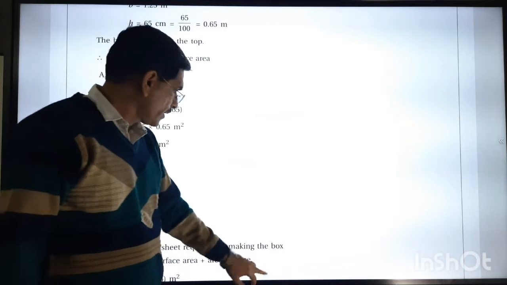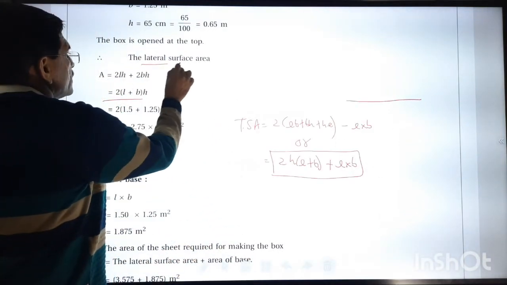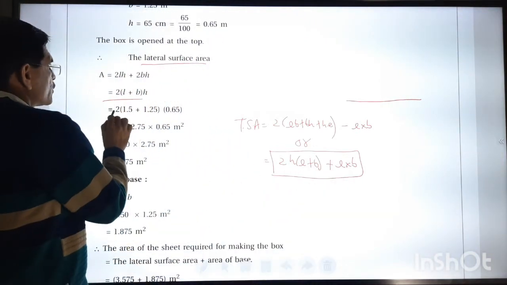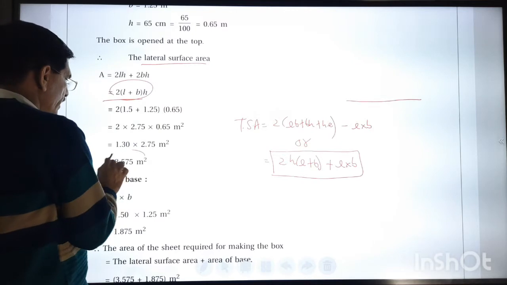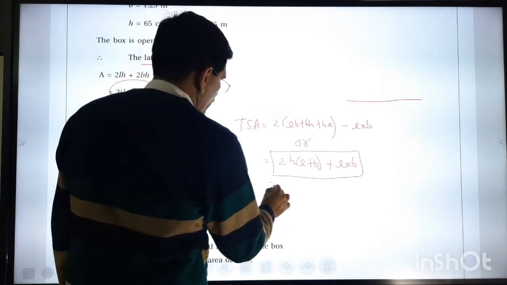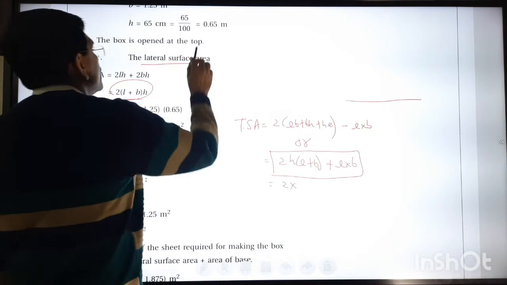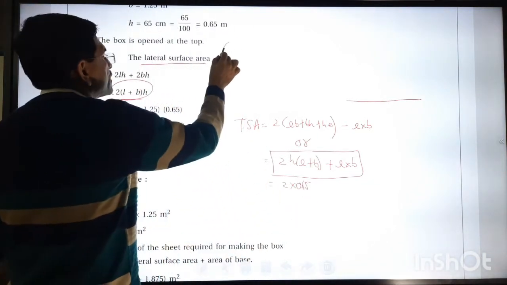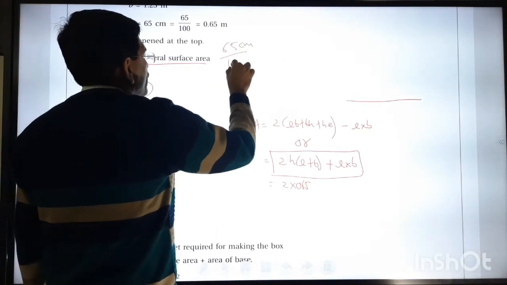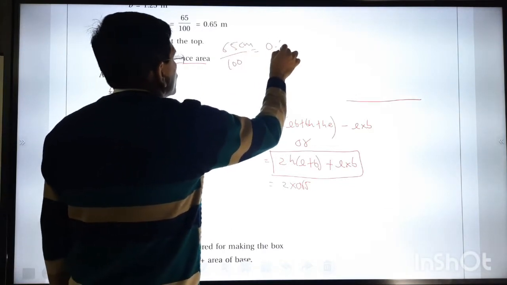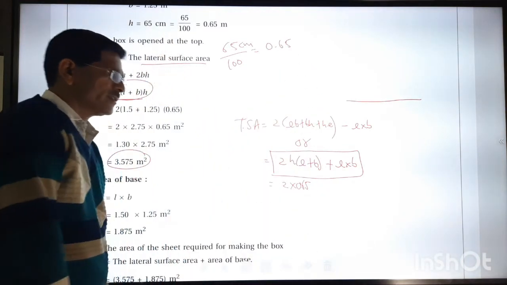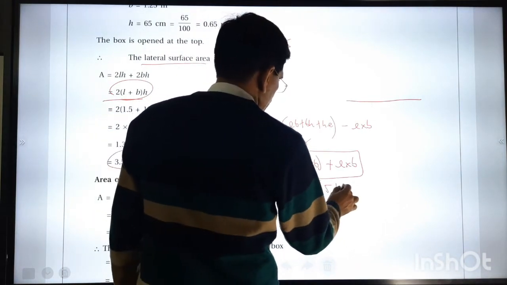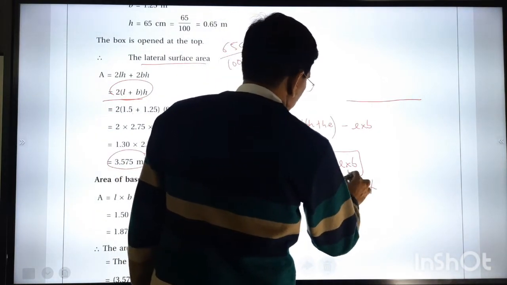The lateral surface area is 2H(L plus B) plus L into B. So 2H(L plus B) gives 3.575 if I put all the values. Height is 0.65, because in the question it is 65 centimeter, but if I divide it by 100 it will be 0.65.